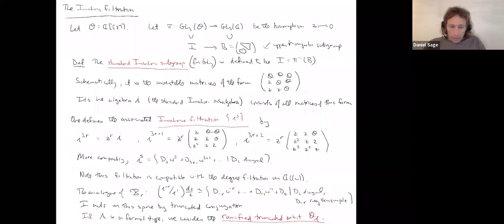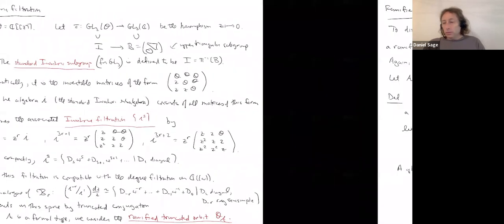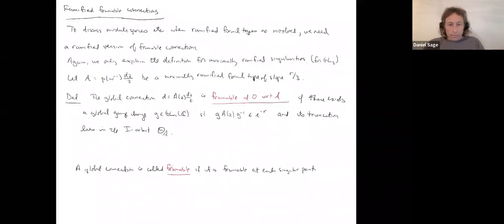So I know that this is a lot to throw at you if you've never thought about this kind of filtration before. However, the details don't matter so much. You can just accept the fact that these exist. So now I can talk about ramified frameable connections. This is the ramified version of Fuchsian connections or frameable connections.